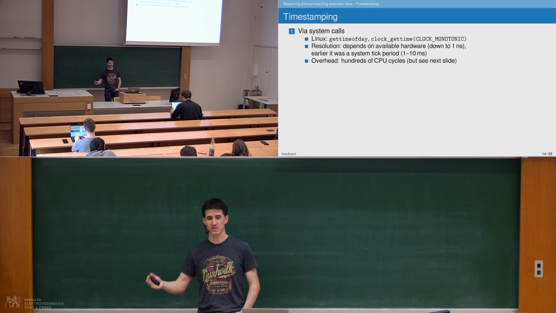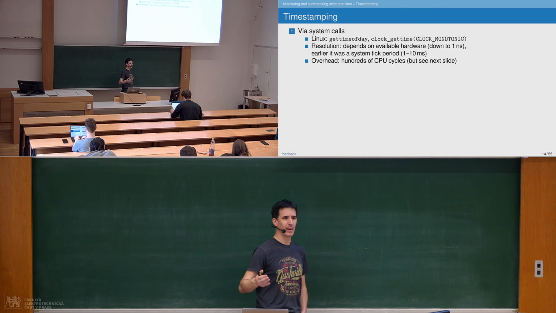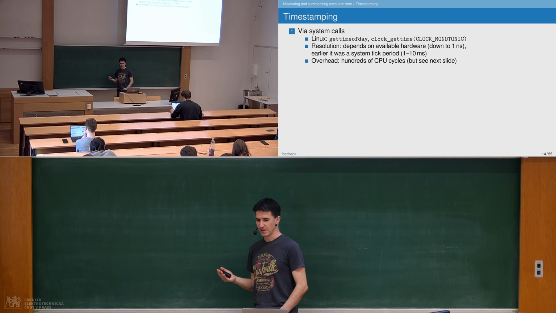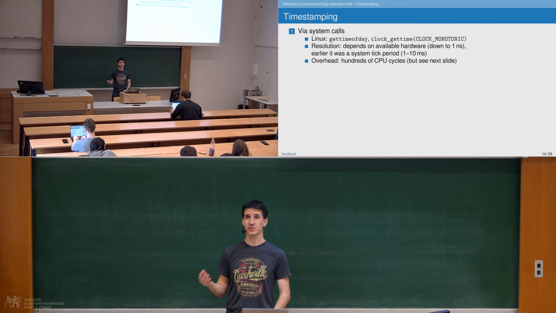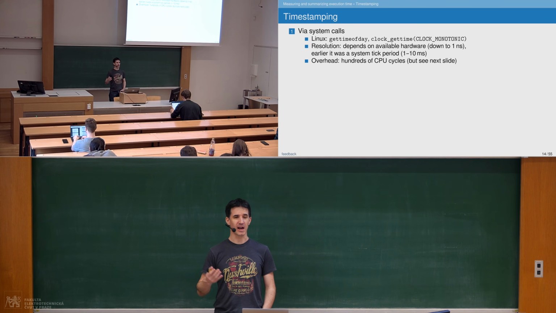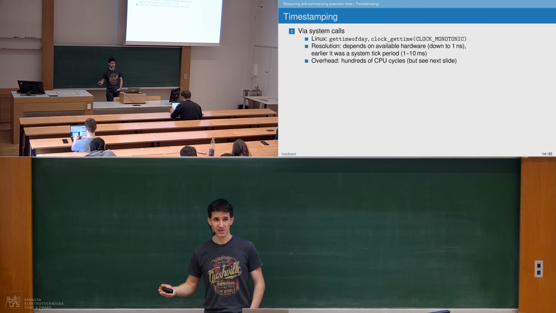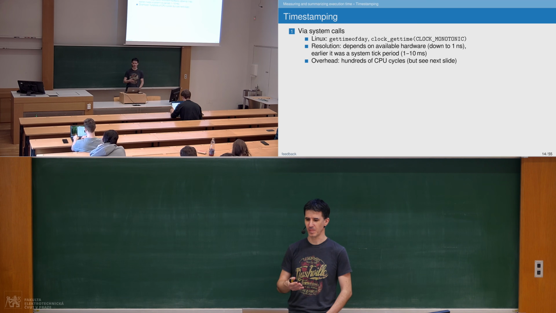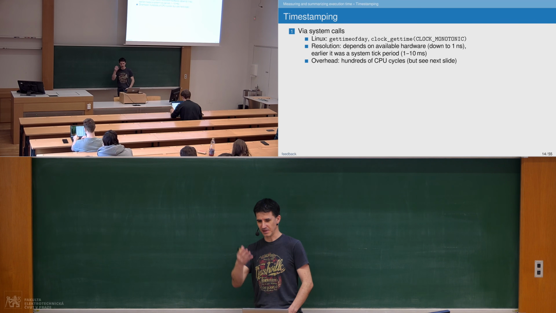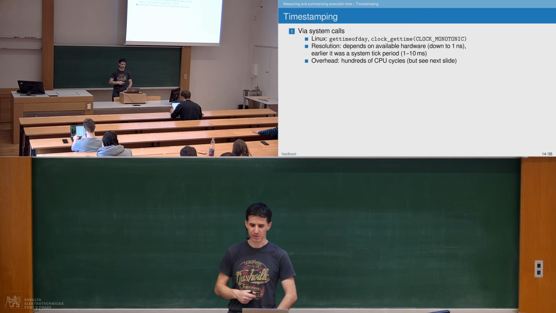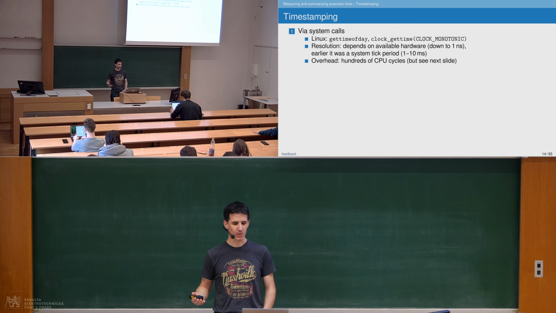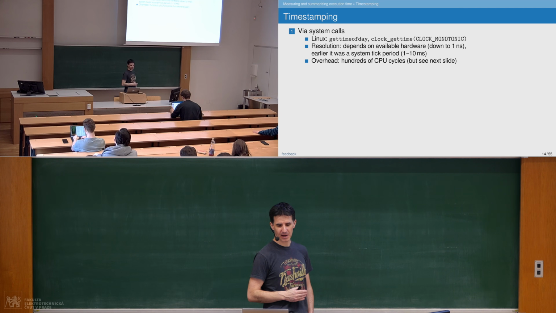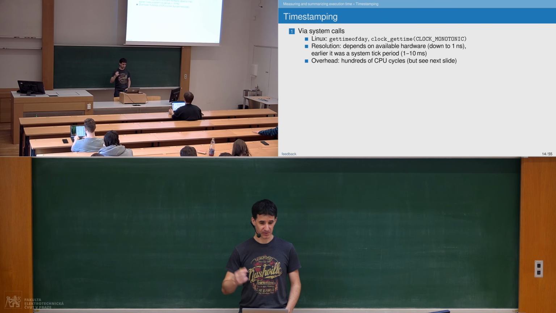Because there are actually multiple ways to get timestamps. Some ways are very efficient, but maybe not reliable, maybe not precise. Some are less efficient, but more reliable, and so on. So it's necessary to understand how timestamping works and to be sure that you are using the right timestamping mechanism available in your environment.